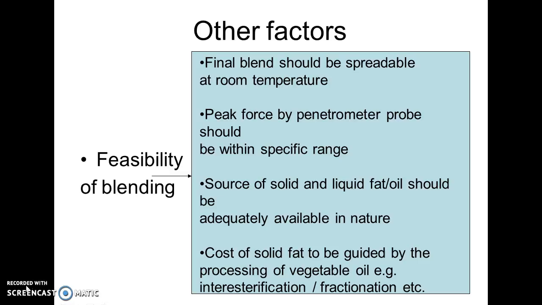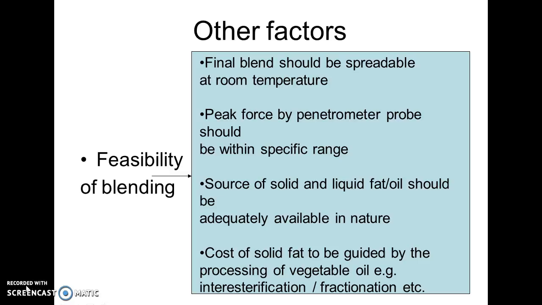Next thing we must remember before blending of two phases is that the source of this solid and liquid fat or oil should be adequately available in nature, so that we cannot just blend very non-conventional oil, otherwise the blending operation will not be feasible. And the last is, other than availability, the cost of the solid fat also guides the feasibility of blending.